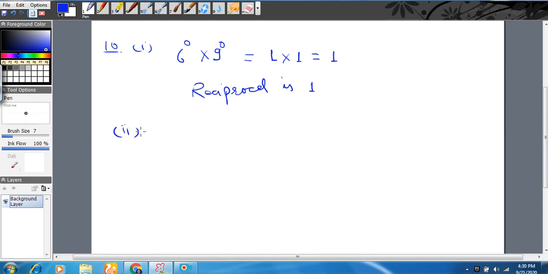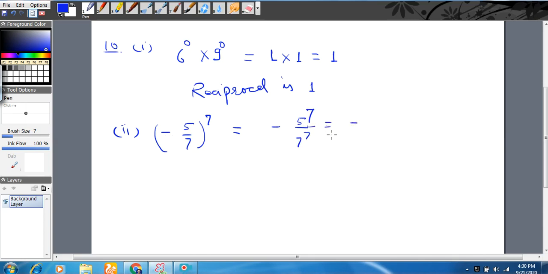Second part, the number is minus 5 upon 7 whole power 7. So if you want to find the reciprocal, we can write minus, and you can see that the exponent is an odd number, and inside the bracket there is a negative sign. So जब भी माइनस साइन के साथ एक्सपोनेंट ओड होता है तो फाइनल आंसर भी हमें नेगेटिव ही मिलता है. You can just put the minus sign outside the bracket and write 5 power 7 upon 7 power 7.